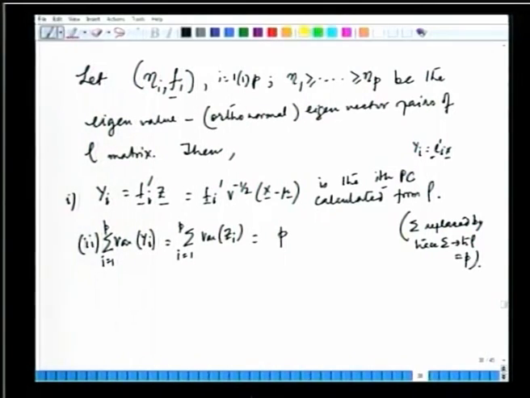Another point to be noted is, what is the covariance between yj and zi, as we had considered yj and xi? There it was eji root lambda j by root sigma ii, if you recall.